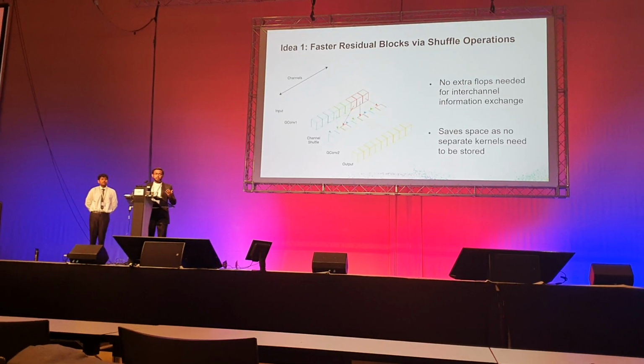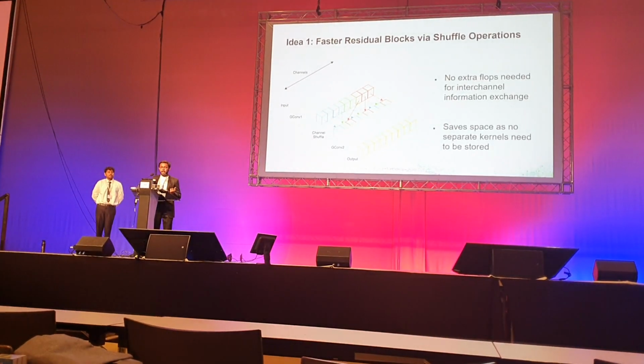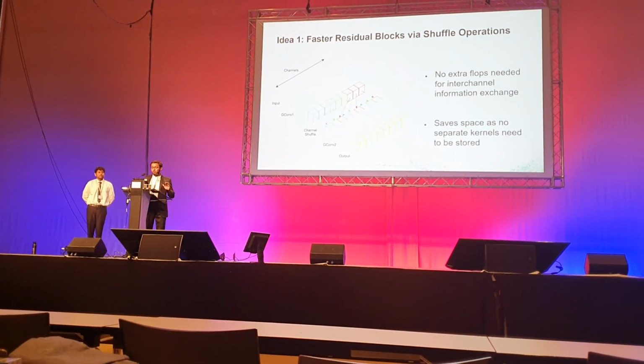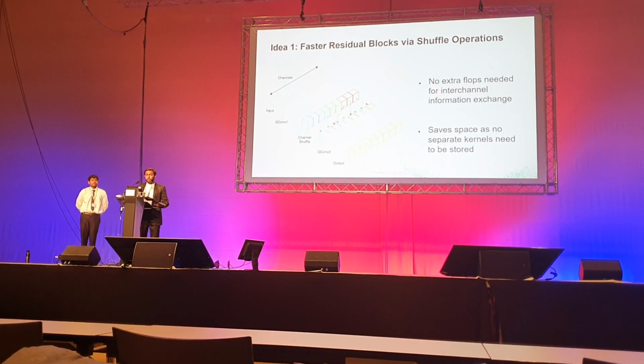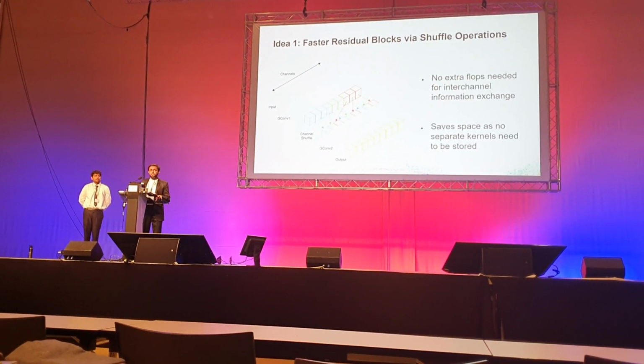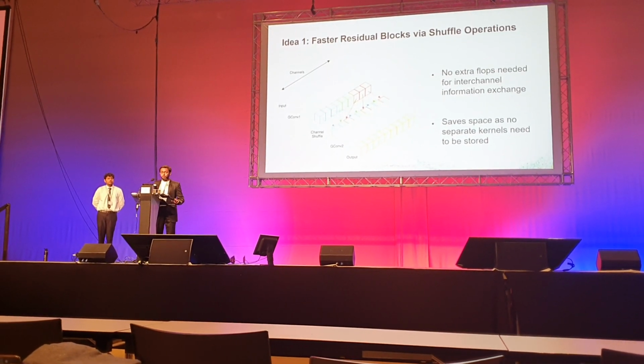So we started with trying to optimize the stack of residual layers by introducing a new kind of layer which is called the shufflenet operation. And the origin of the shufflenet operation is from a paper by Parley Lab at UC Berkeley. You can see it for further details.